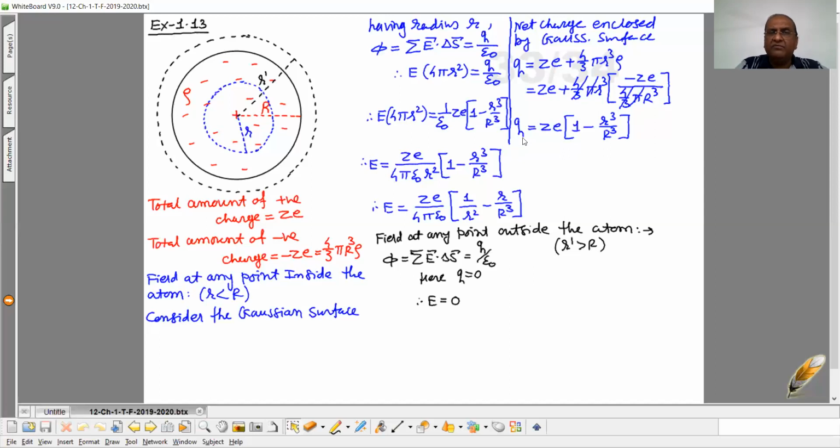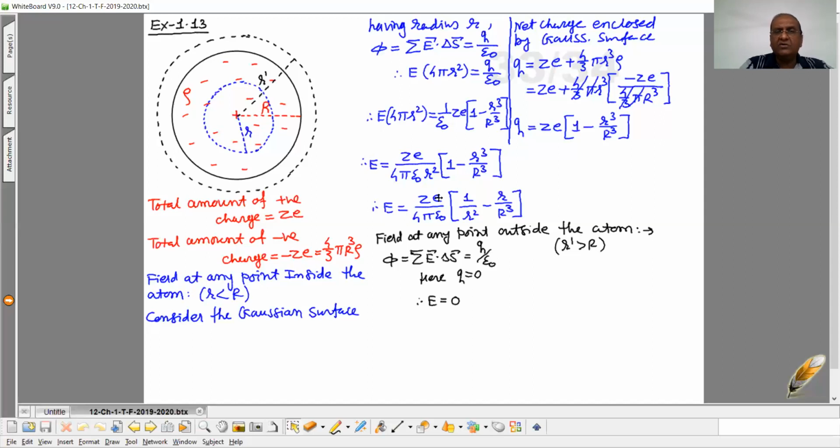Substitute this value of Q in this equation. So E into 4 pi r square equals 1 upon epsilon 0 into Ze into 1 minus small r cube upon capital R cube. Therefore, taking 4 pi r square to the right hand side, E equals Ze upon 4 pi epsilon 0 r square into 1 minus r cube upon R cube.